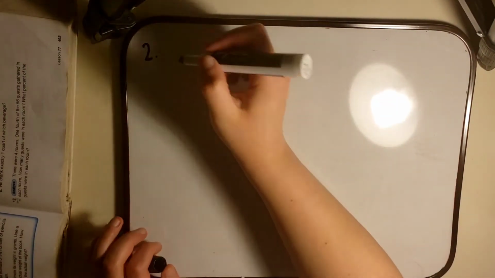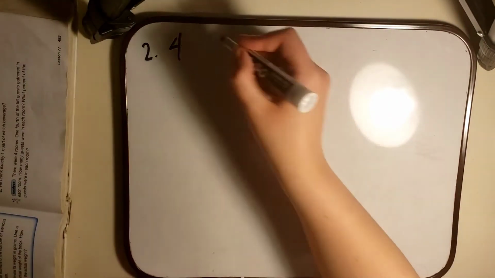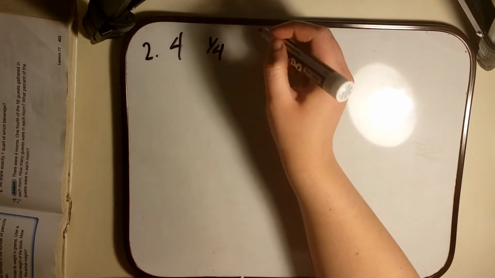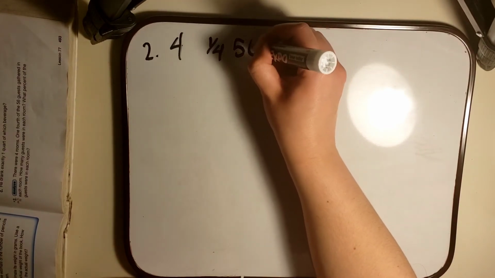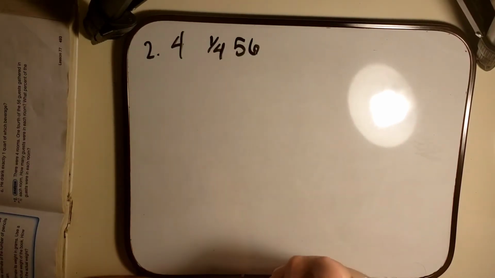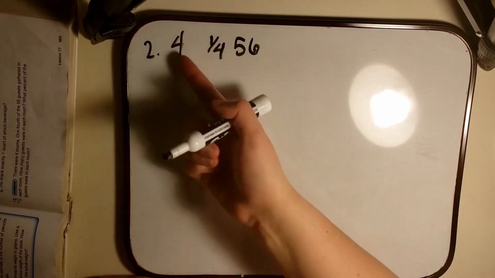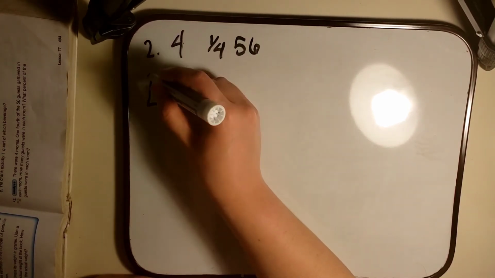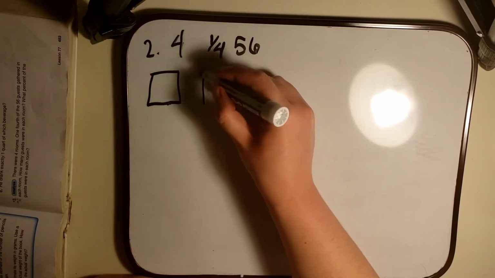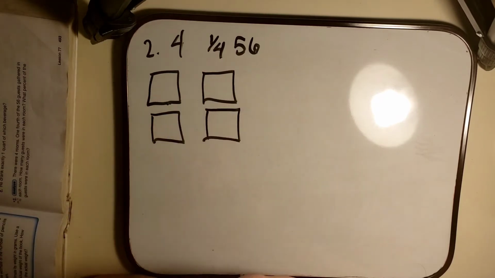Number 2 says there were 4 rooms, and 1/4 of the 56 guests were gathered in each room. How many guests were in each room? What percent of the guests were in each room? So sometimes it helps us to draw a picture. So we know we have 1 room, 2 rooms, 3 rooms, 4 rooms.